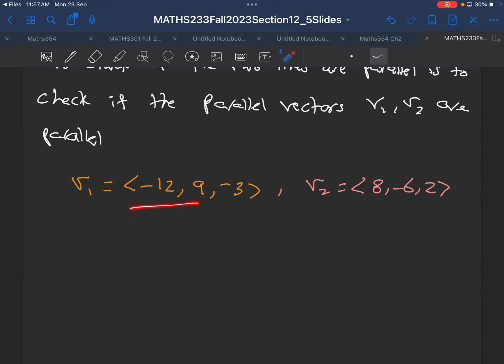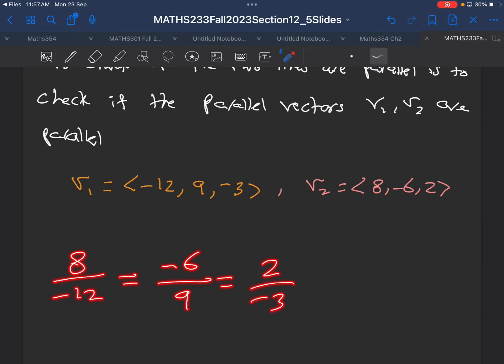Now, how do we check if two vectors are parallel? We said we have three methods. The first method is to check if one of them is scalar multiple of the other, which means if 8 divided by negative 12 is the same as negative 6 divided by 9, same as 2 with negative 3. And in this case, I think the answer would be yes. If we check this one, it would be equal to this one.